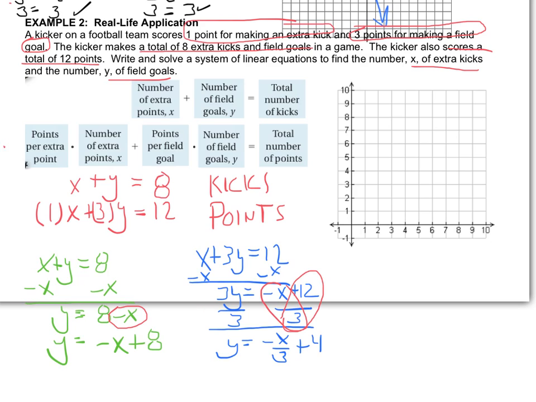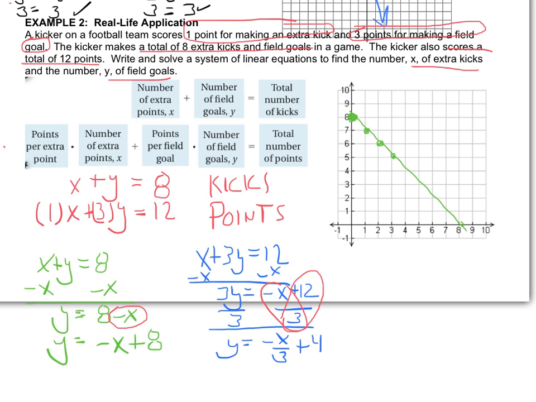Over here on my graph, what I want to think about is just plotting my points, and we'll start with the first one. We have 8 as our y-intercept, and then we're coming down 1, forward 1, down 1, forward 1, down 1, forward 1, all the way down to the 8 on the other side.